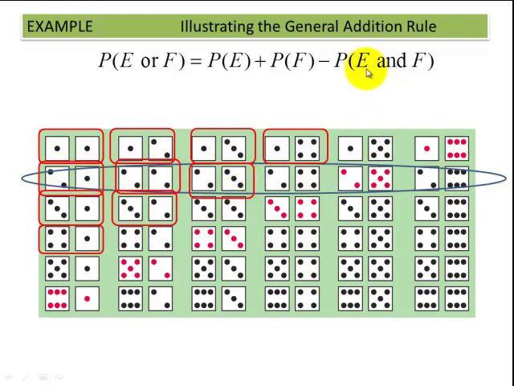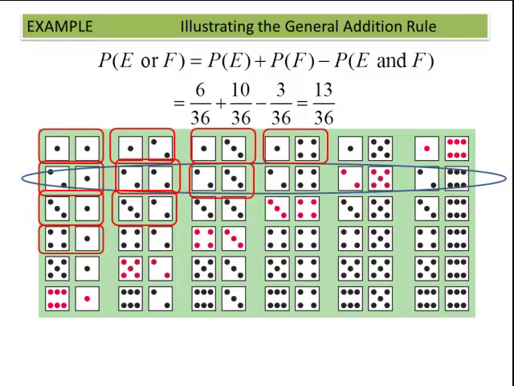That's the probability of E and F happening at the same time. If we use our formula, we take the probability of E, which is 6 out of 36, add the probability of F, which is 10 out of 36, and we subtract the probability of E and F happening at the same time, and that's 3 out of 36, and we end up with a probability of 13 out of 36.